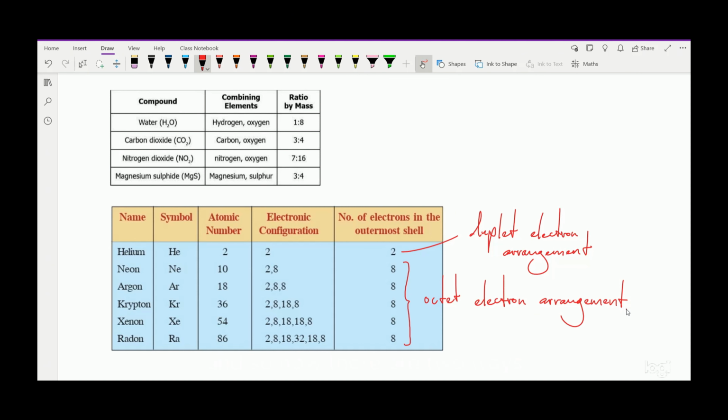And so now there are 2 main ways that an atom is able to form chemical bonds with each other. And that is through the transfer of electrons and the sharing of electrons.